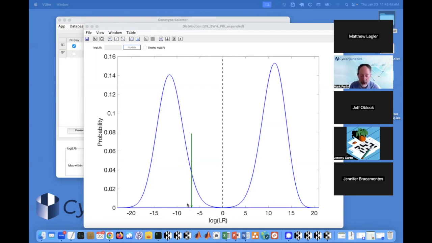And now the question is, when you look at 10% of the data, what happens to these distributions? Here we have widely separated distributions. They're pretty much fully informative. If the arrow falls on the right, there's strong confidence it's a contributor. If the arrow falls on the left, there's strong confidence it's a non-contributor, it's more exclusionary.